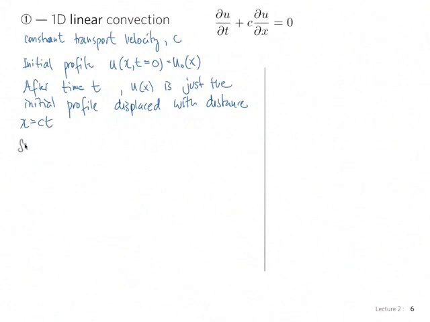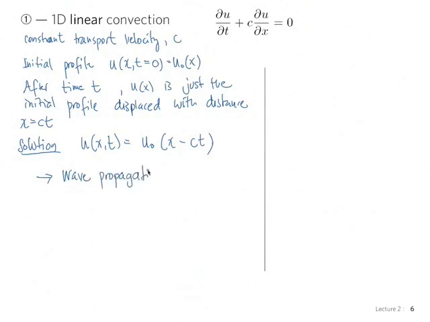So the solution is given by u of x comma t equal to simply u0, the initial profile, but displaced according to the point in time that we're looking at. So this equation can also be seen as a wave propagation equation, with the interpretation of u as a wave amplitude having a phase propagation speed c.